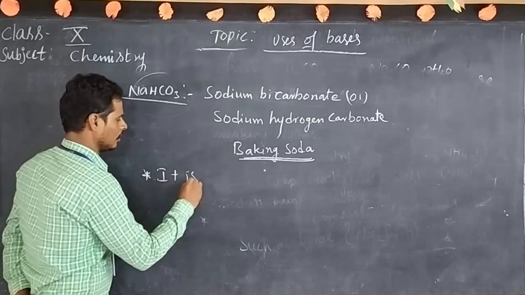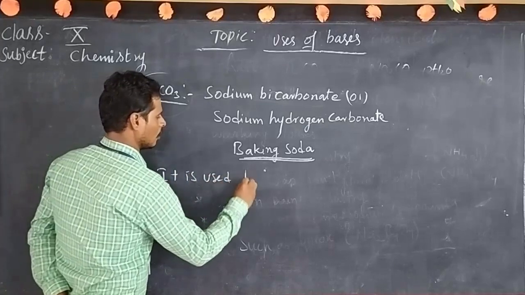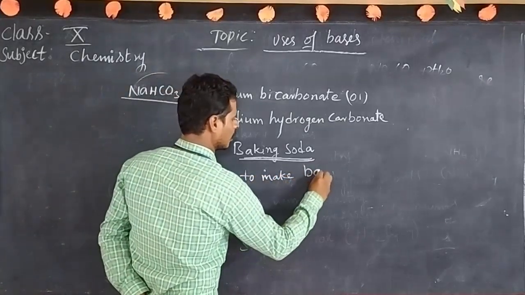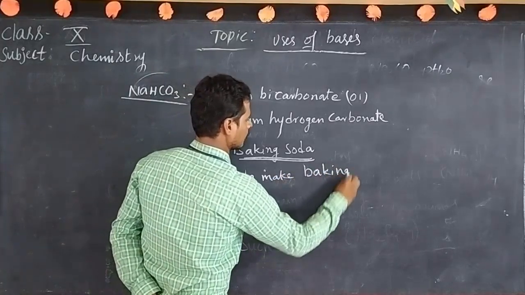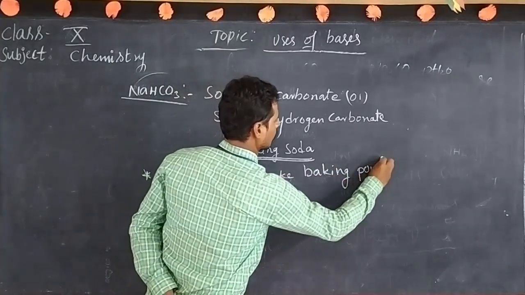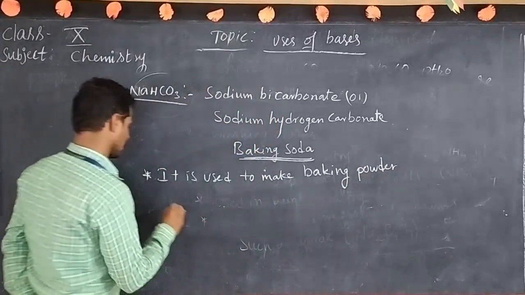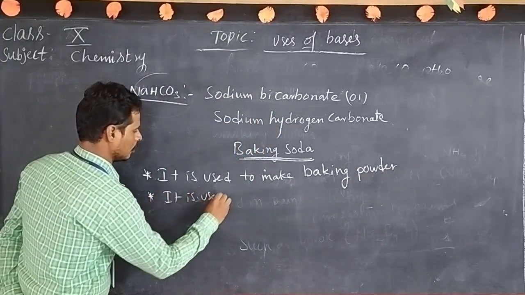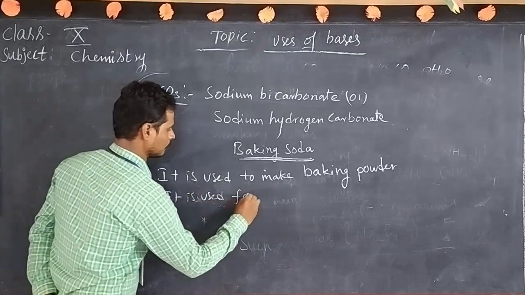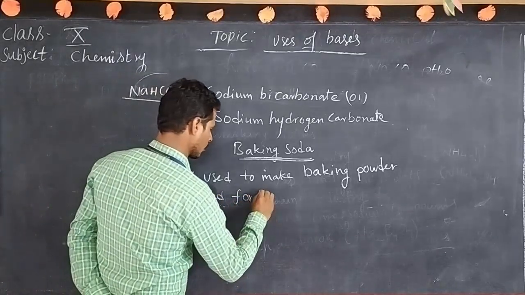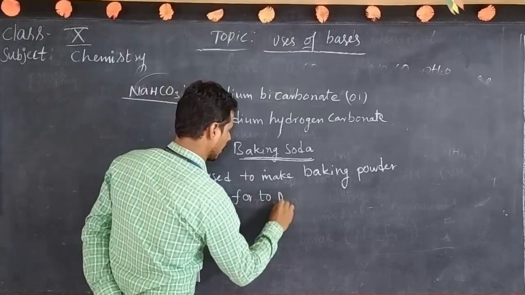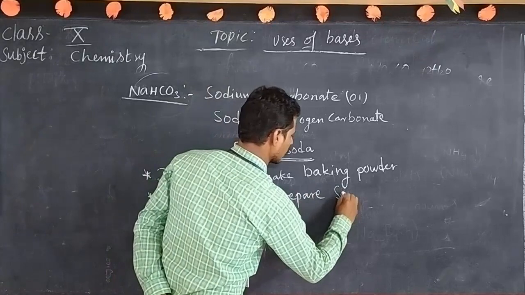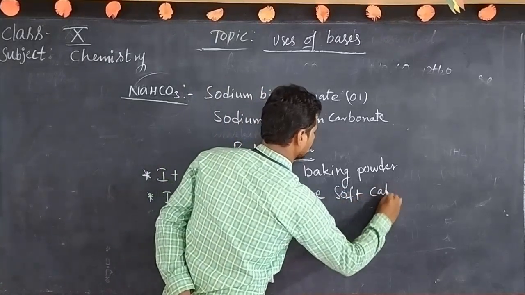It is used to make baking powder. Next, it is used to prepare soft cake.